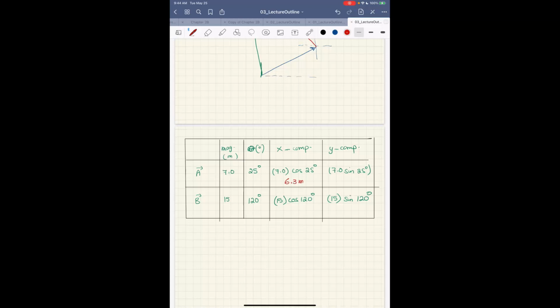For the second one, you're going to have sine times 7, and that is going to be 2.95, which means this is 3. And then 120 cosine times 15. This is going to be negative 7.5. And for 120 sine times 15.